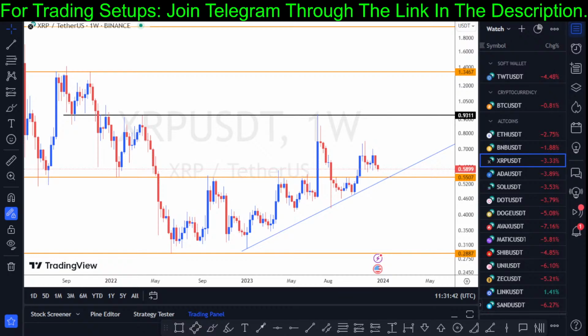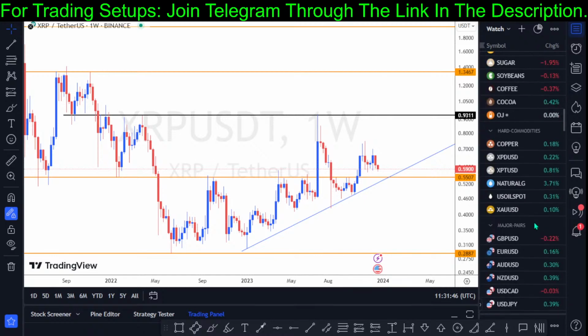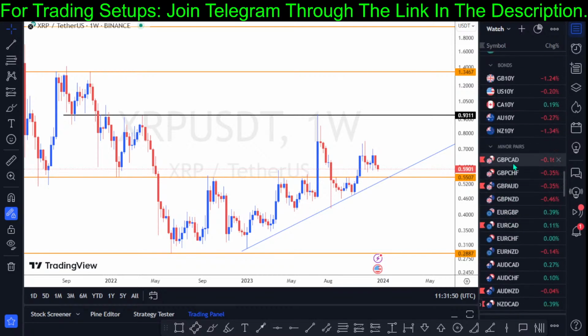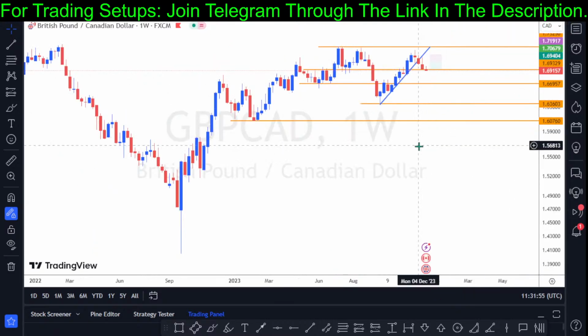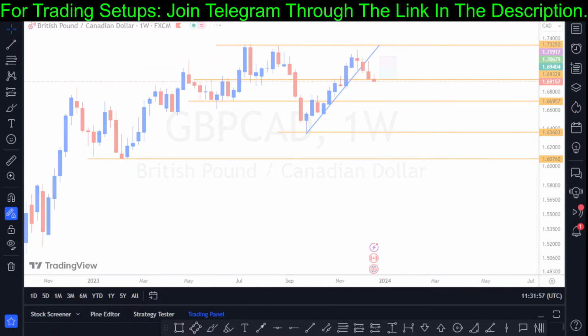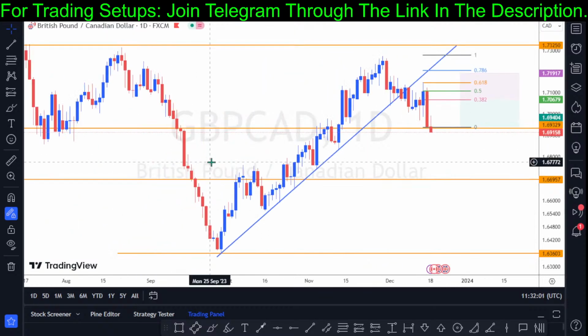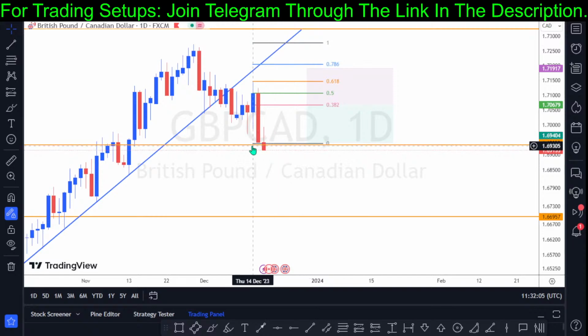So guys, I told you about my view on the British pound sterling paired against the Canadian dollar. I told you I want to look out for a pullback. I'm still expecting a pullback, but price is not giving us a pullback. Price is just breaking all the way down. Well, my decision still remains active. I want to see a pullback. I don't want to jump in at this extreme low, because I'd be shorting too low.